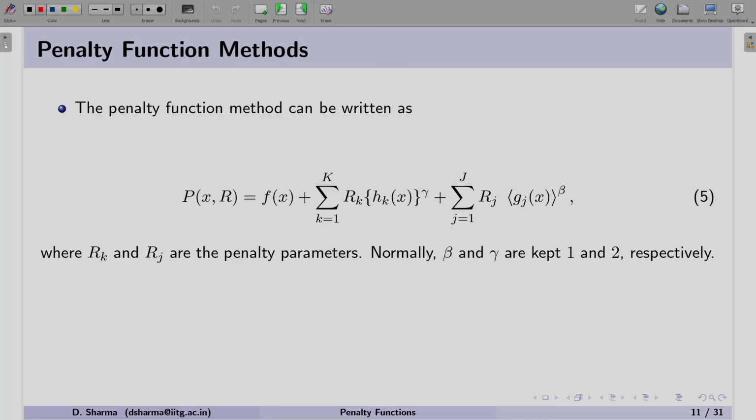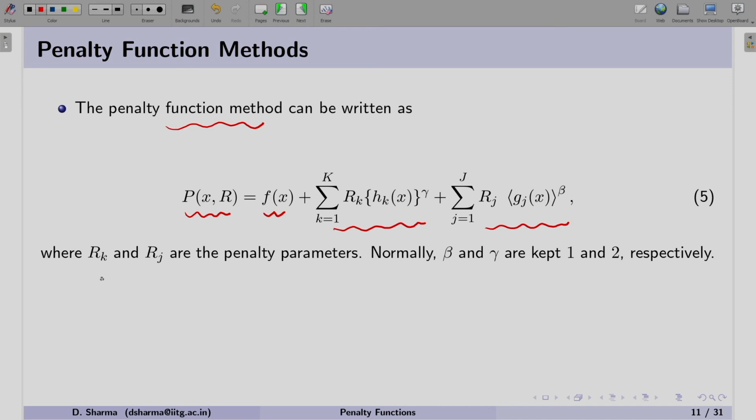As we can see in equation number 5, the penalty function method can be written as P of X, the objective function. Now we are adding all the penalties with respect to the constraint violation of equality constraints, and then we are adding the penalty with respect to the constraint violation of inequality constraints.